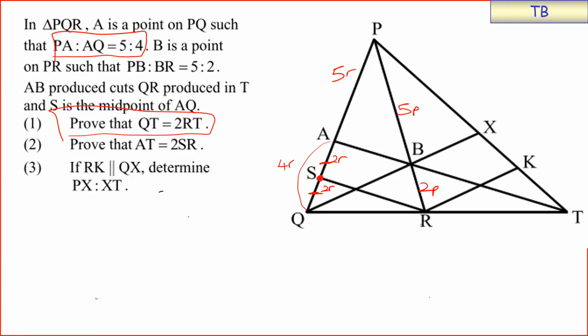So, where are we going to go with this? We'd say that AB and SR are parallel. I like that. Somebody saw something.